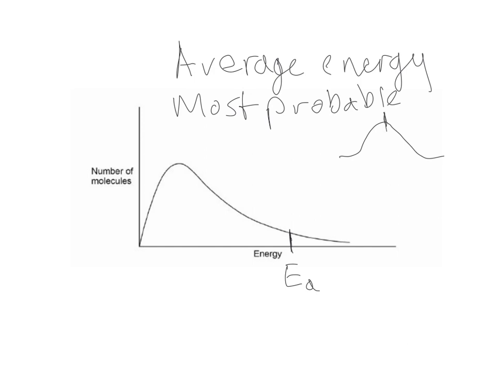But it's not a normal distribution. It's slightly skewed. So the most probable energy is still in the same place. The most probable energy is the top of the peak, and we'll label that MP for most probable energy. But the average energy, because there aren't as many particles on the left-hand side of that most probable energy, there aren't as many particles with a low energy.